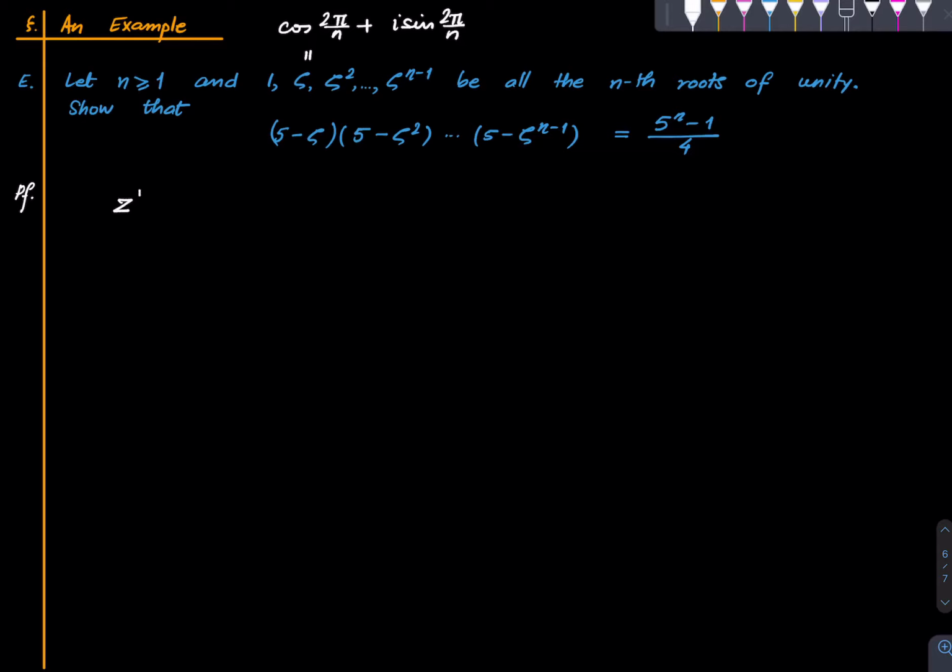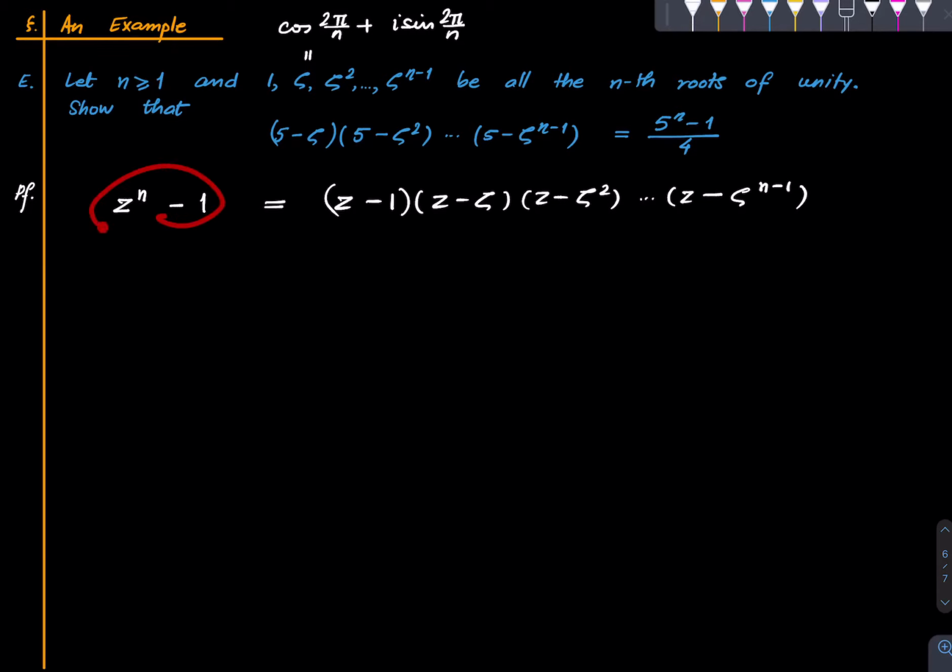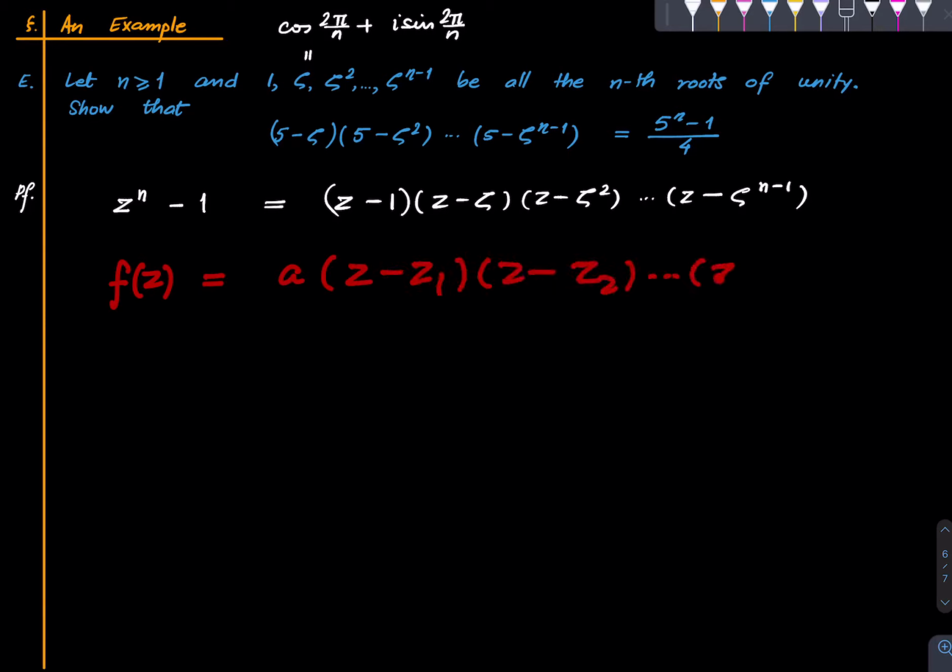So we have z to the n minus 1 equal to z minus 1 times z minus zeta times z minus zeta square, dot dot dot, z minus zeta to the n minus 1. Why is that? This is what we saw in the polynomials lecture, that if you have a polynomial and you know all the roots of it with repetitions, then suppose f was my polynomial, then f of z is equal to some constant times all these things, z minus z1 up to z minus zn.